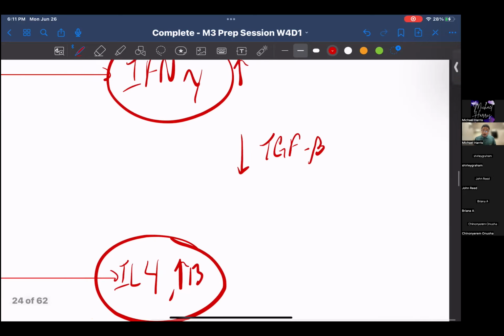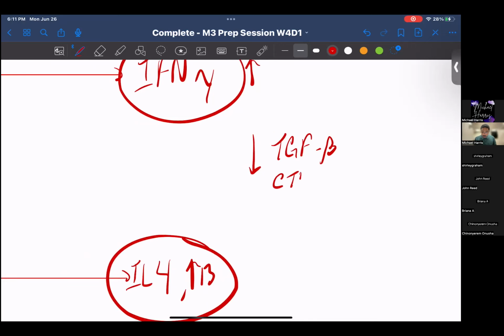Exactly. You also have CTLA4, right? That prevents B7 from connecting to CD28, right? So if you always have the infection, CTLA4 is never present enough to stop B7 and CD28. So you always have this going on.